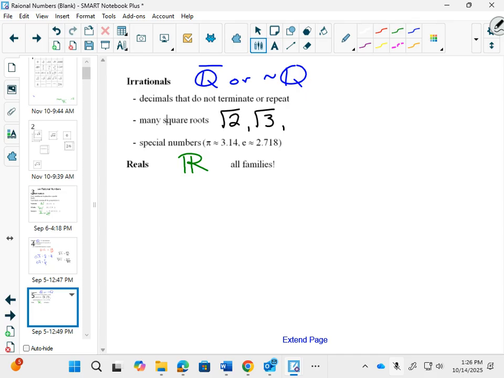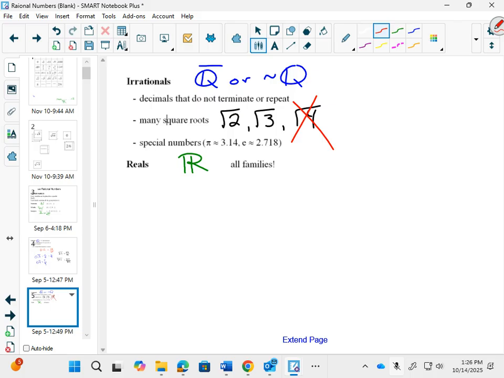Does anybody know why it does not include, I'm going to put an X through it, the square root of 4? What is the square root of 4? What times what is 4? 2. So the square root of 4 is not an irrational number because it's equal to 2.